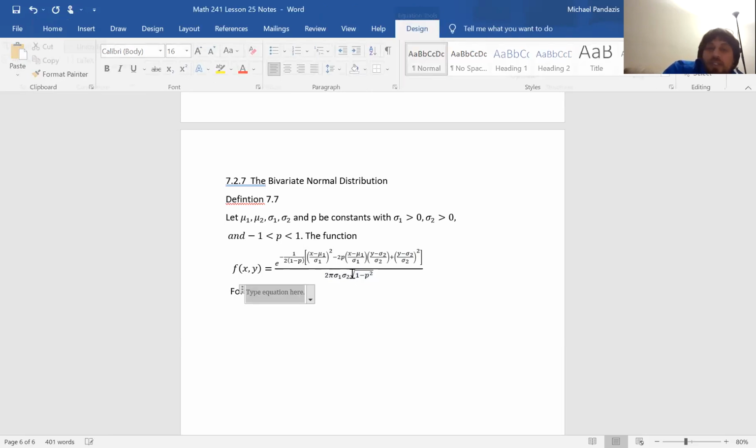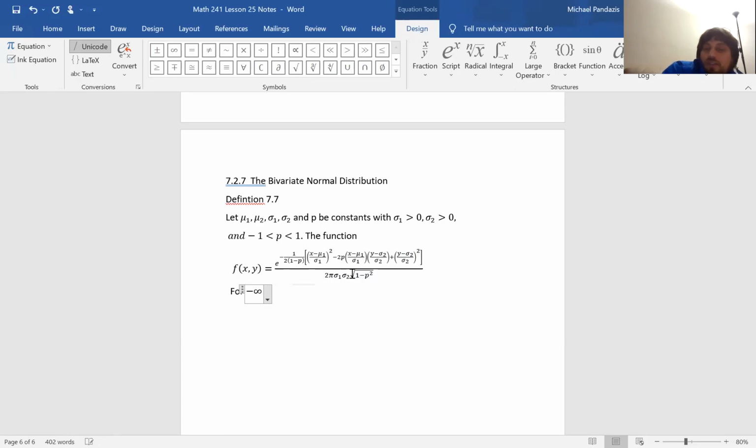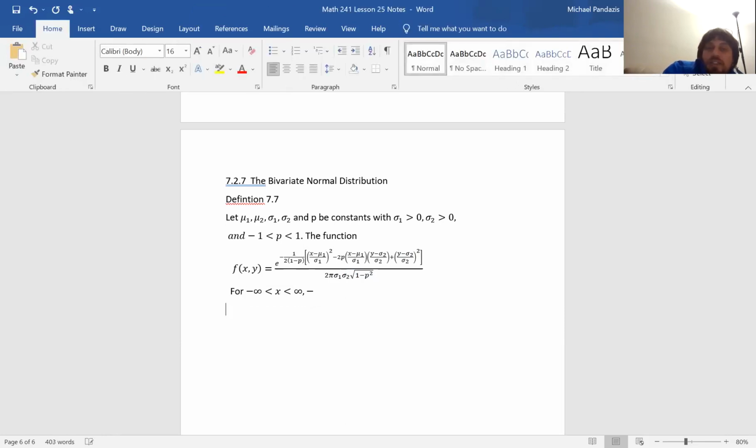This is for negative infinity less than x less than infinity, and negative infinity less than y less than infinity. That is the bivariate normal probability density function.